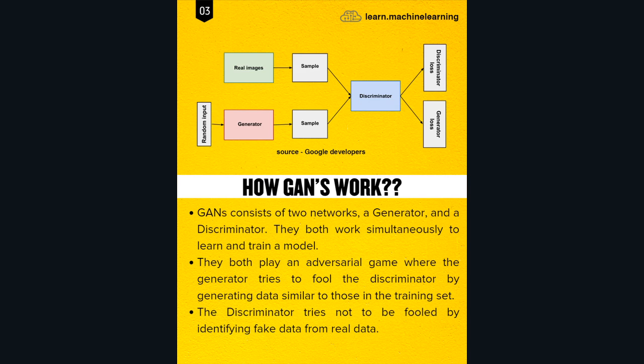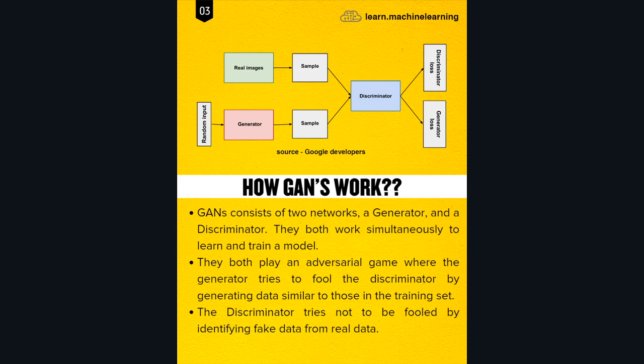If you see in the image, the generator takes a random input and tries to generate an output which looks similar to those in the training set. And the discriminator always tries not to be fooled, by identifying fake data from the real data. So the discriminator classifies whether the input generated by the generator is a true one or a fake one.